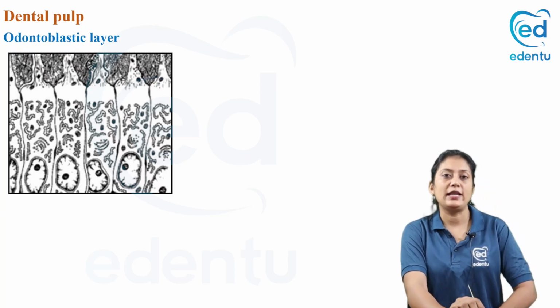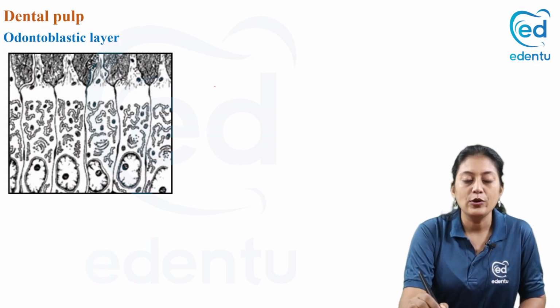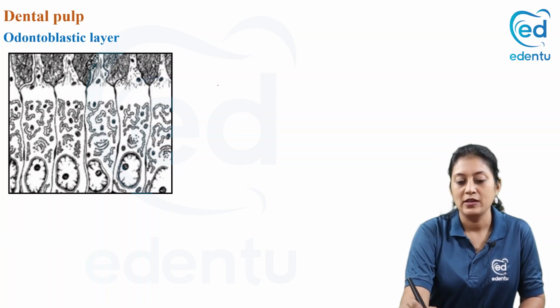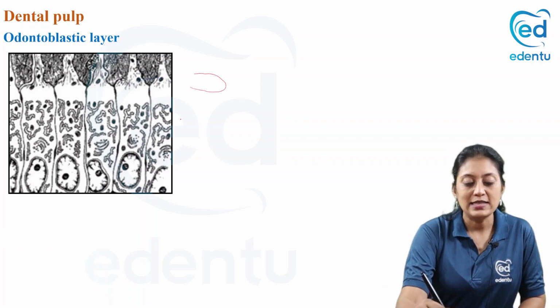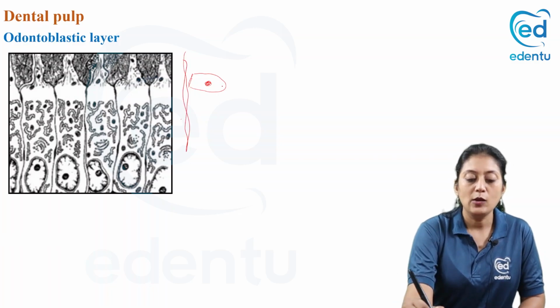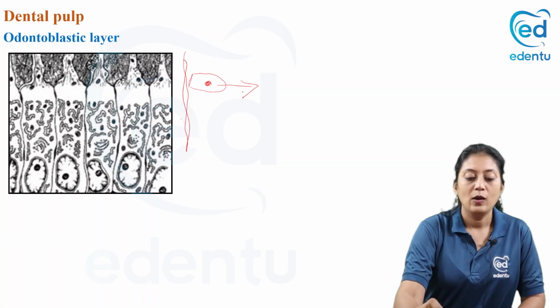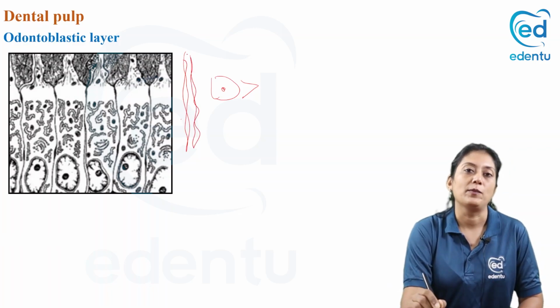Now coming to each layer, first the odontoblastic layer. We know that odontoblast is a cell which helps in the formation of dentin. The important feature of odontoblast is that once a layer of dentin is formed, let us assume this is the odontoblast, it will retract backwards towards the pulp. When it is retracted, the second layer of dentin will form.